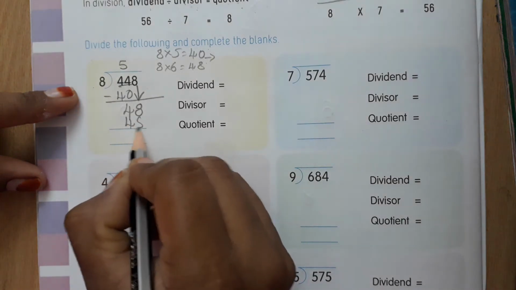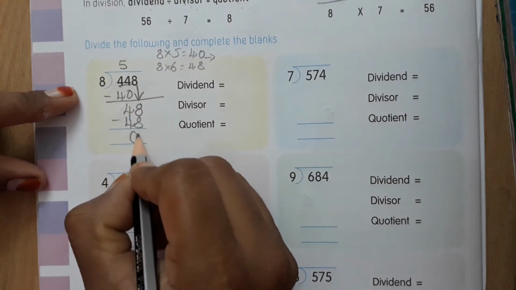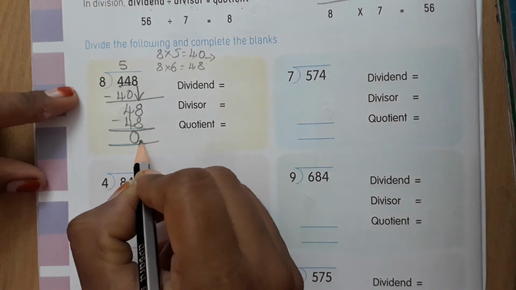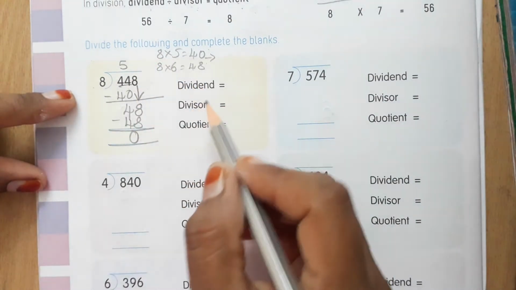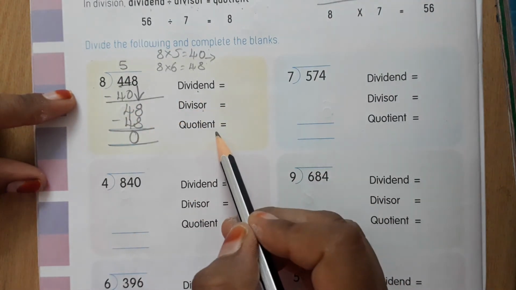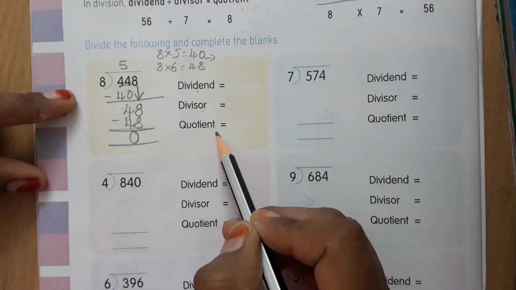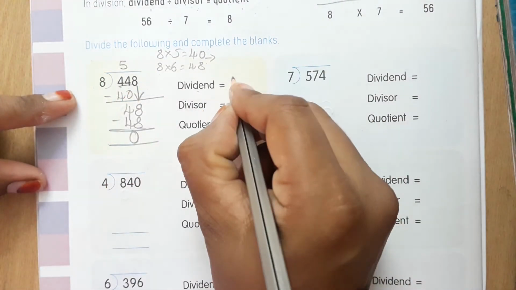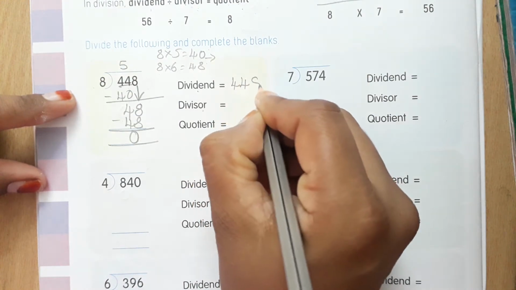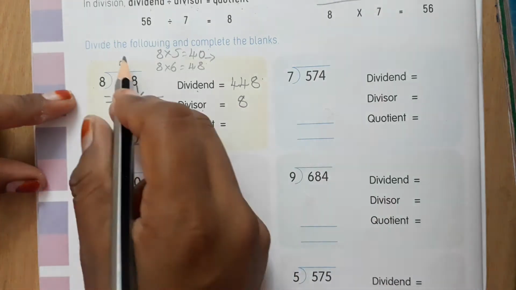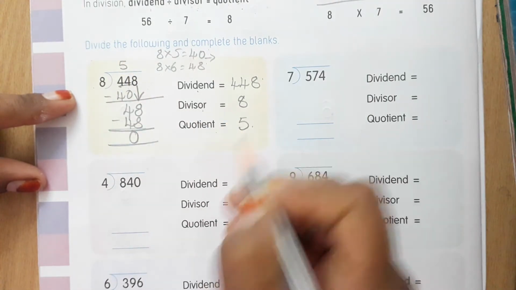So 48 minus 48, how much? 0. Now in this division, which one is the dividend? Which one is the divisor and which number is the quotient? Very good. 448 is the dividend. 8 is the divisor. 5 is the quotient.